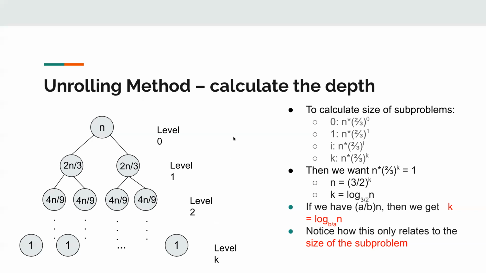It doesn't matter how many subproblems of size n I put in, because it's never going to end. The same thing here: if I add more subproblems of size 2n/3, it doesn't matter, because they still break up and eventually end. The only thing that affects the depth of this tree structure is the size of the subproblem.